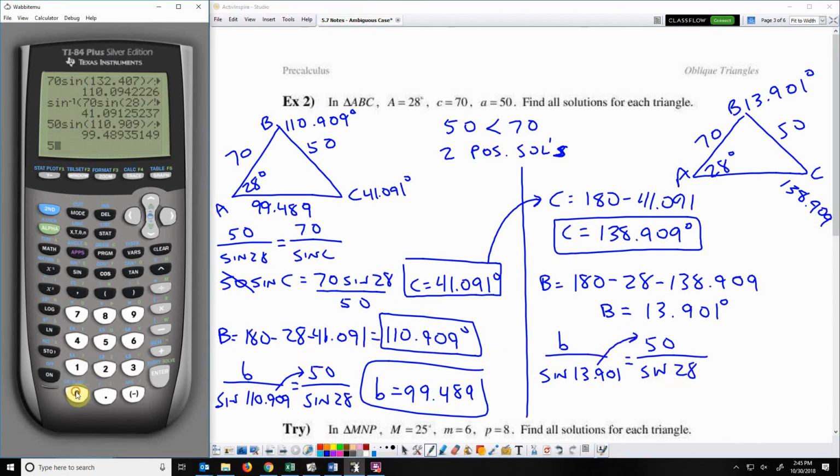So I'm doing 50 times sine 13.901 divided by sine 28. 25.587. So I've got all three angles and all three sides for this option. Okay, so there are two possible solution sets for that triangle.